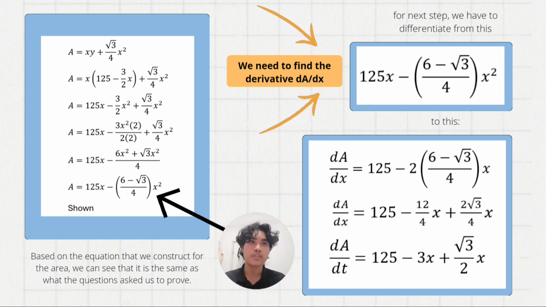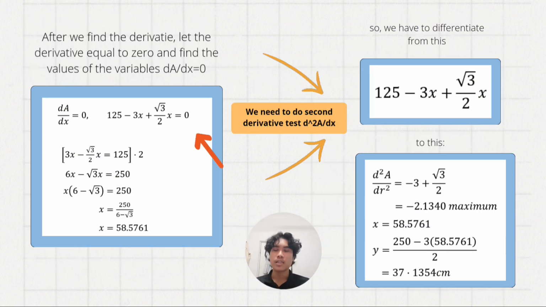After that, we need to differentiate the equation. We're going to have the answer 125 minus 3x plus square root of 3 over 2 x. After we find the derivative, we need to set it equal to 0.